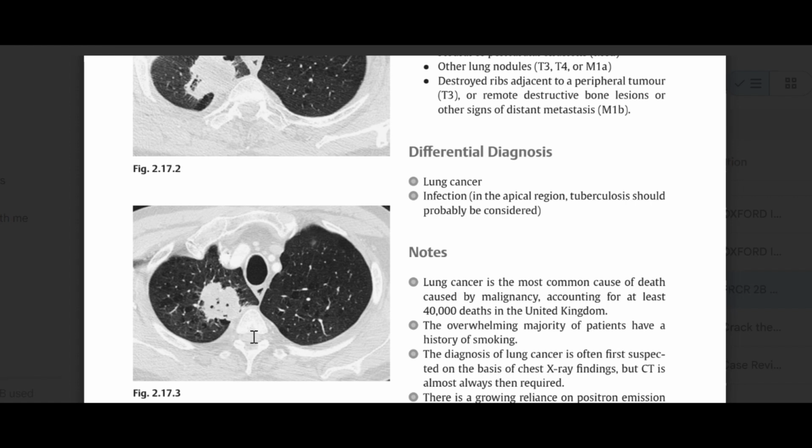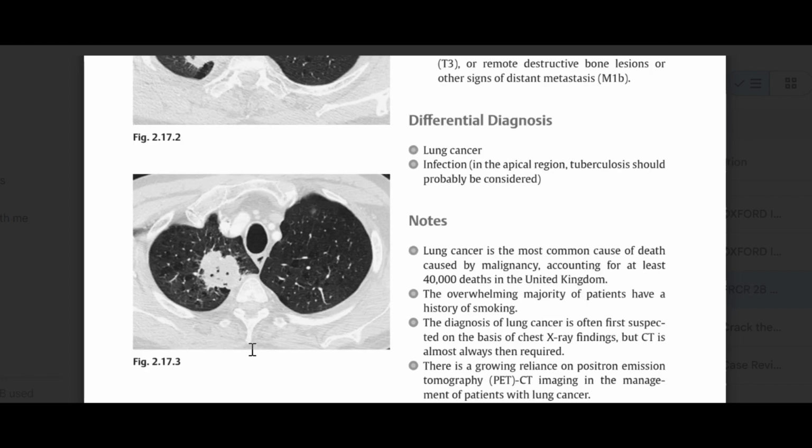So invasion or compression of the nerve roots of the brachial plexus may lead to weakness of the hand muscles.